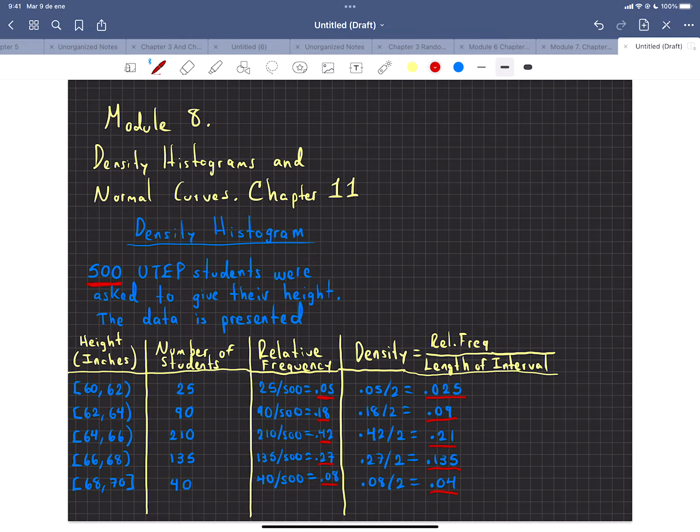There you have. These are the values for the density.